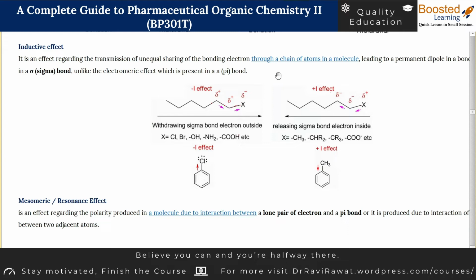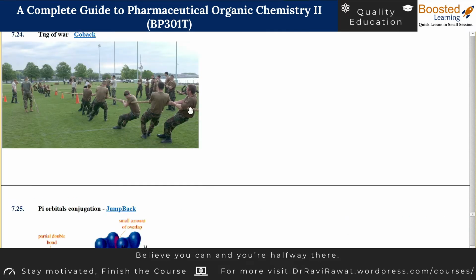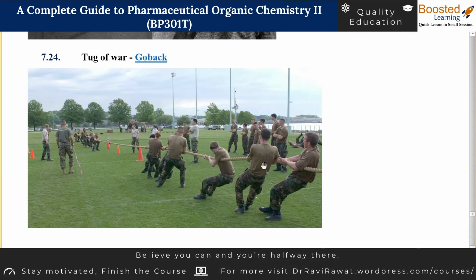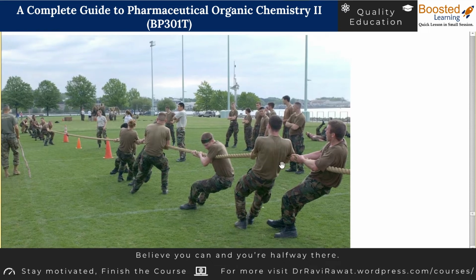You can understand this thing through this tug of war example. As you must have seen this game, there are two teams which are pulling the rope in their direction. So suppose this team wins in the end.